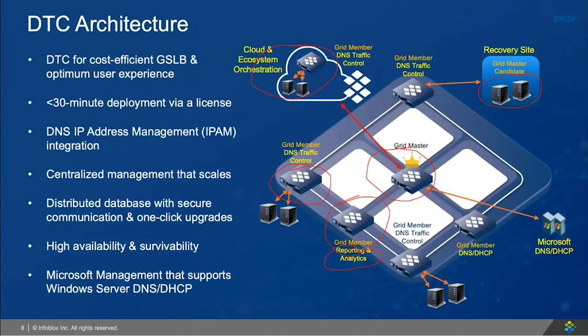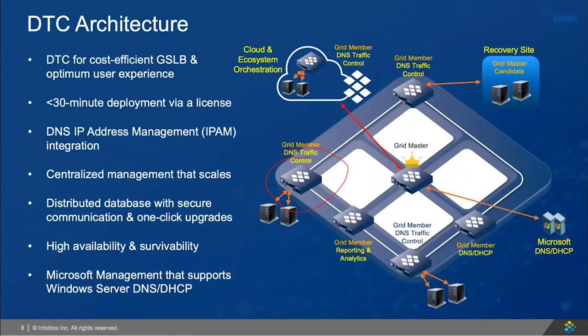You really just need to enable the DTC license on the members that you want to do GSLB for. So for instance, you would turn it on this guy and this guy, but leave all the other ones not licensed unless you needed to. So it's extremely flexible. It's extremely easy to integrate and to test out and to start using in your environment.